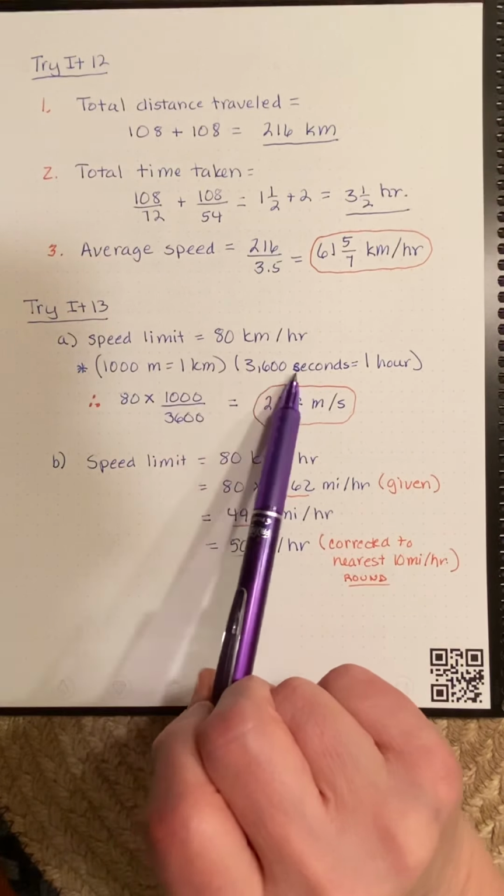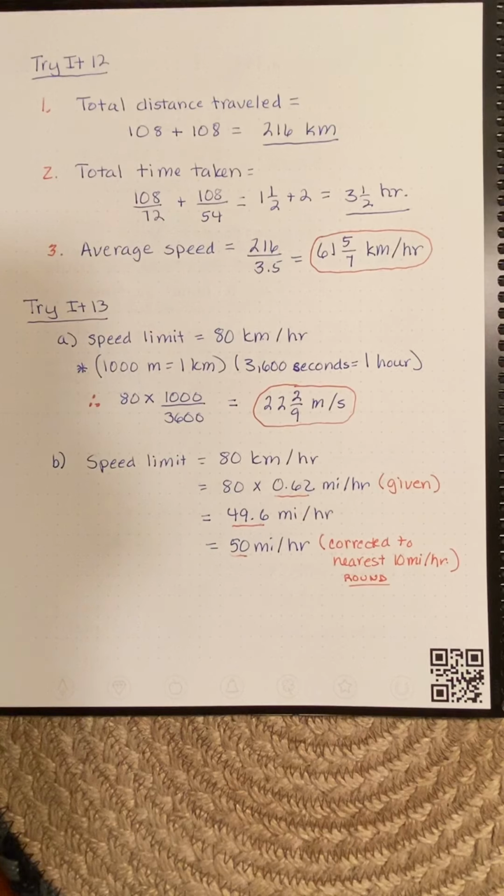Going on to B. Now you go back to the original speed limit. And there in B, remember it says taking 1 kilometer equaling 0.62 miles, express the speed limit in miles per hour instead of kilometers per hour to the nearest 10 miles per hour. Okay. So you're going to do some rounding.